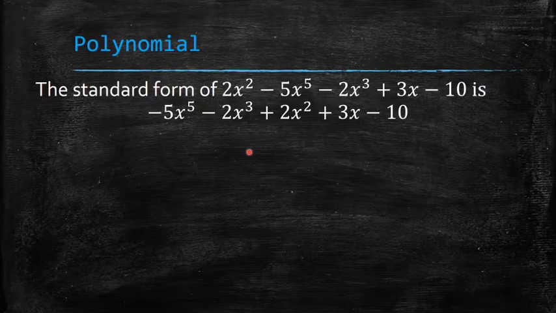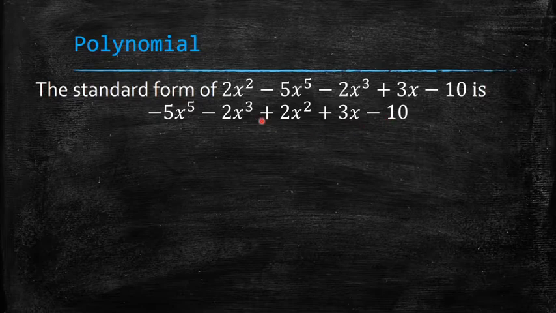Okay, we are given here an example for rewriting the given polynomial in standard form. We are given 2x squared minus 5x raised to 5 minus 2x cubed plus 3x minus 10. It will be written in standard form as negative 5x to the 5th minus 2x cubed plus 2x squared plus 3x minus 10.